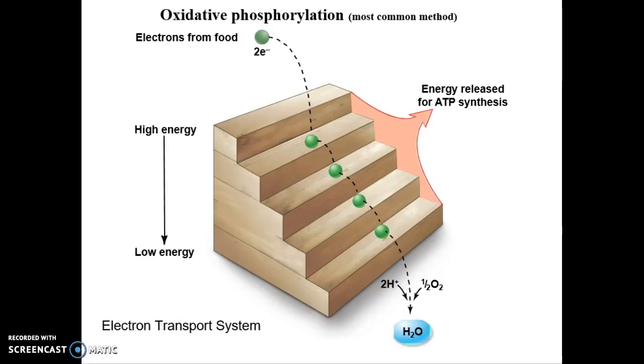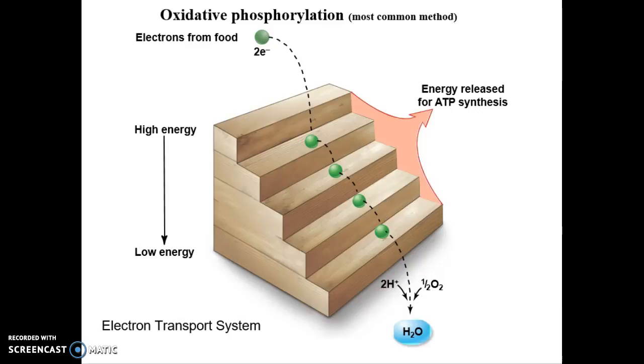It grabs the electrons. It bonds with hydrogens, forming water, and it removes the electrons and keeps those steps clear to allow additional electrons to fall down to continue to drive ATP synthesis. If you can't get the electrons out of there, the steps get plugged or backed up, and it stops the production of large amounts of ATP.